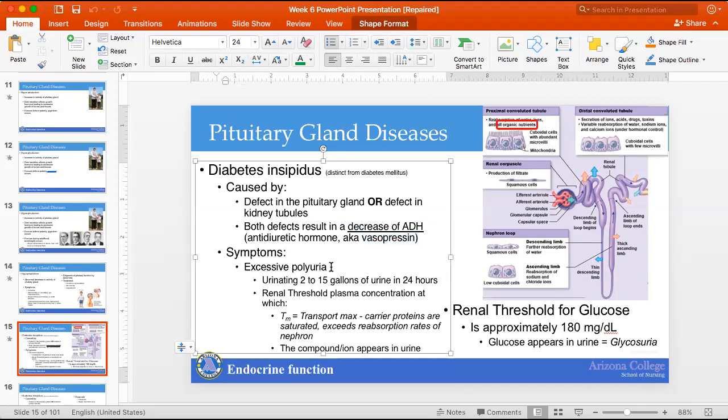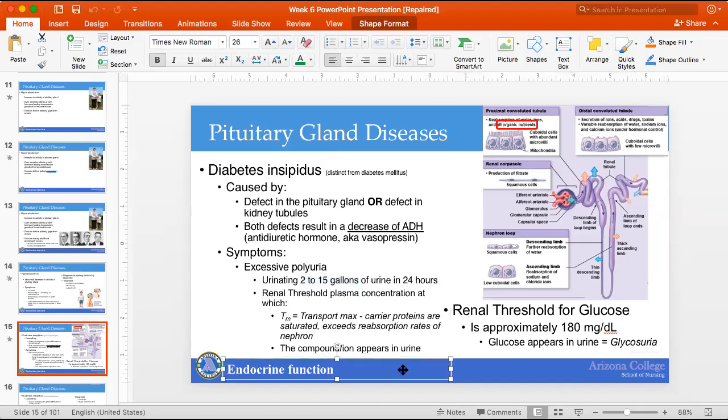Symptoms: excessive polyuria, or excessive urination, urinating 2 to 15 gallons of urine in 24 hours. Even 2 gallons would be a huge amount. So up to 15 gallons, that's incredible. So the renal threshold plasma concentration, if we're looking at these carrier proteins, and basically there's so much urine being lost that you're not recovering glucose.